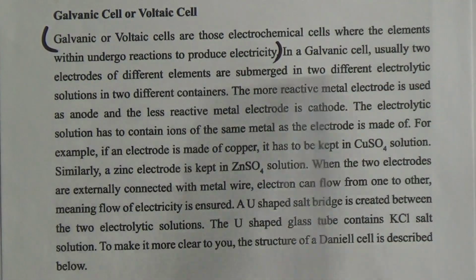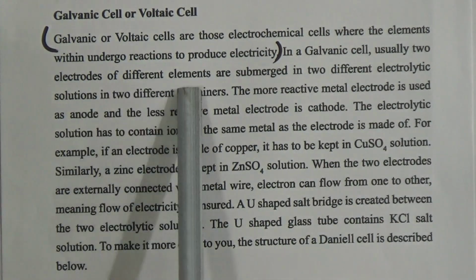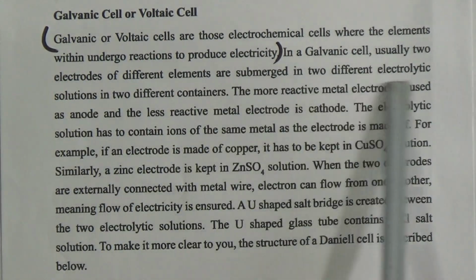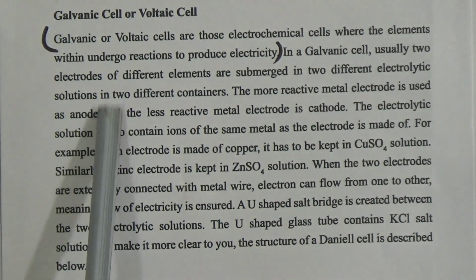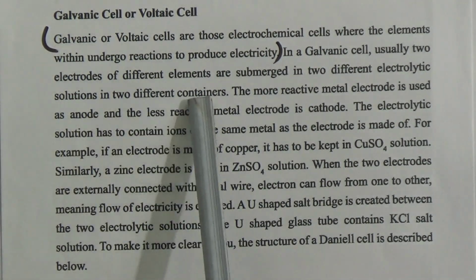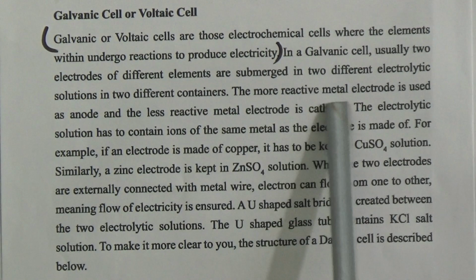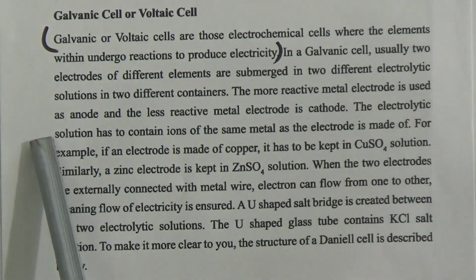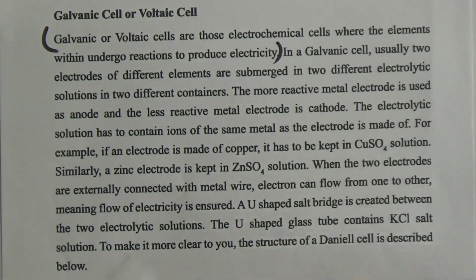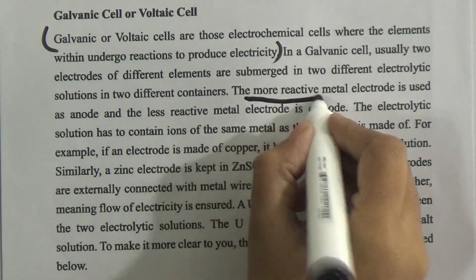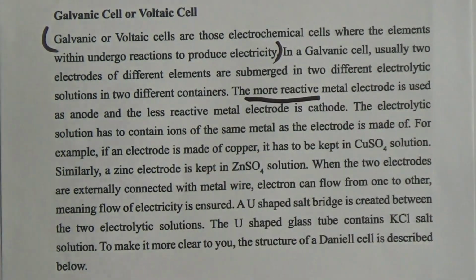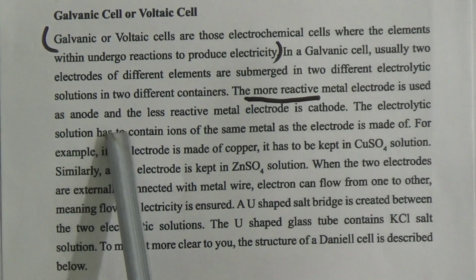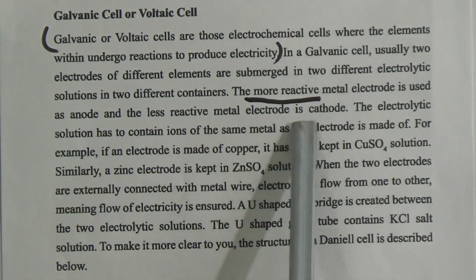In a galvanic cell, usually two electrodes of different elements are submerged into two different electrolytic solutions in two different containers. The more reactive metal electrode is used as anode. Students, you have to remember, the anode is the more reactive metal electrode and the less reactive metal electrode is the cathode.